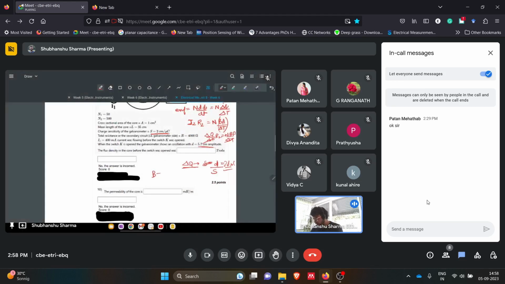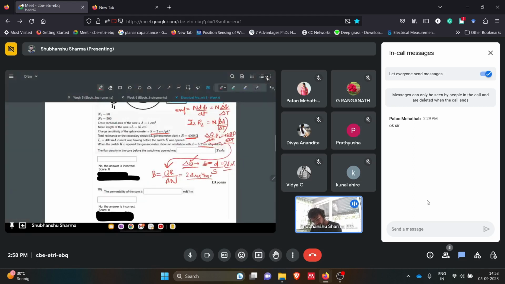So ultimately we had to calculate B. B will be Q into R2 divided by A into N2. This is the formula we used here. Q we know, R we know, this is 4000.